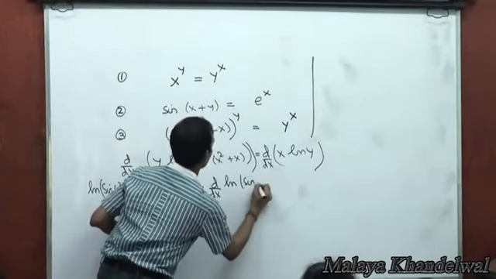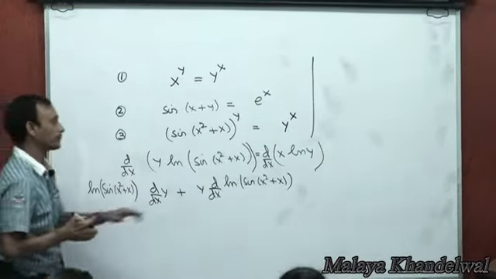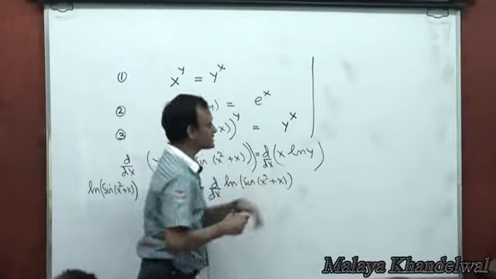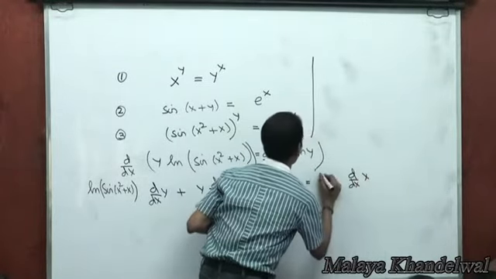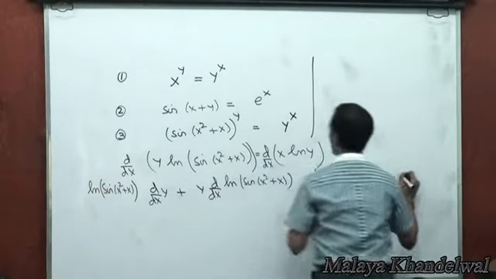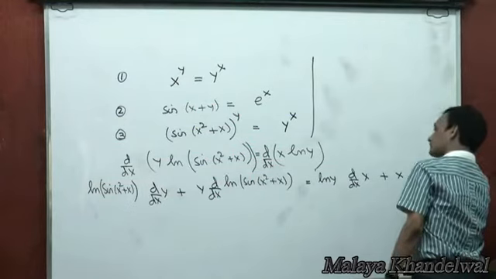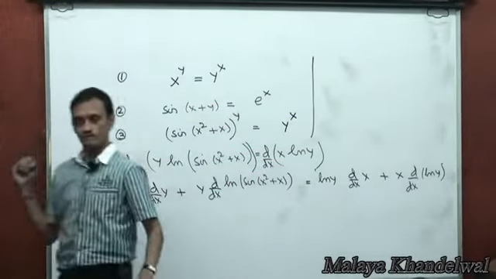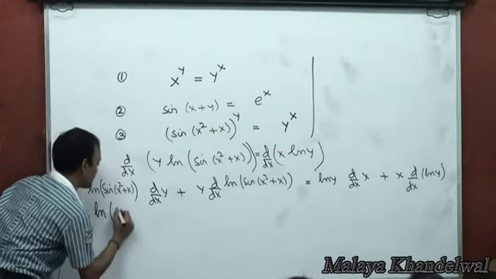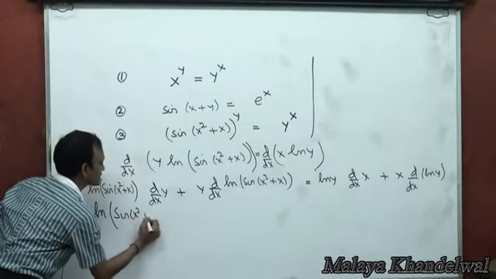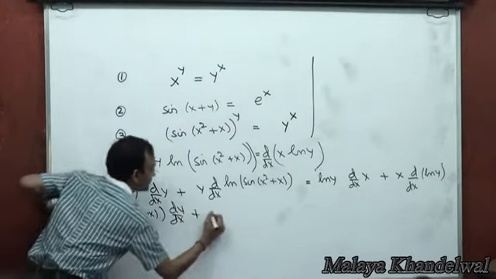Ln sine of (x squared plus x), right? Again the product rule applied for this: d/dx of x into ln y plus x into d/dx of ln y. Now this maintains status. So ln of sine of (x squared plus x) dy/dx plus y.